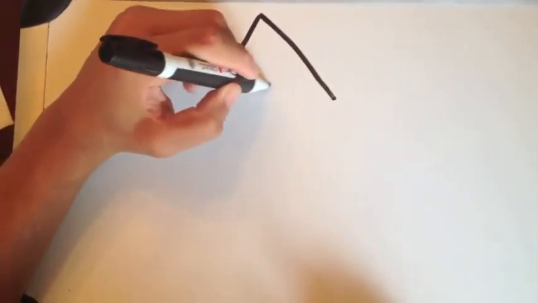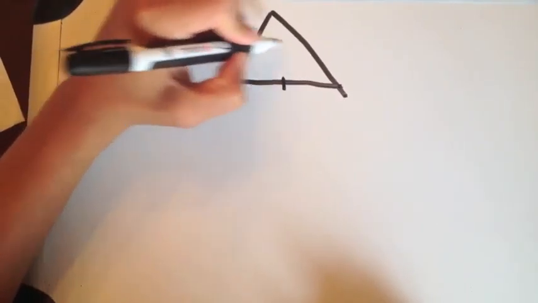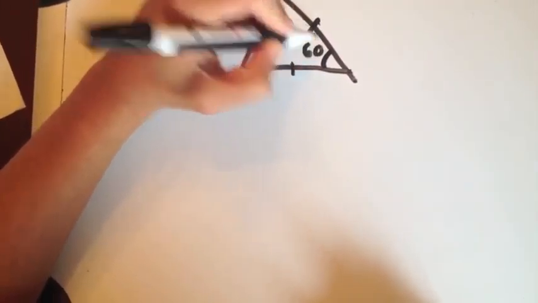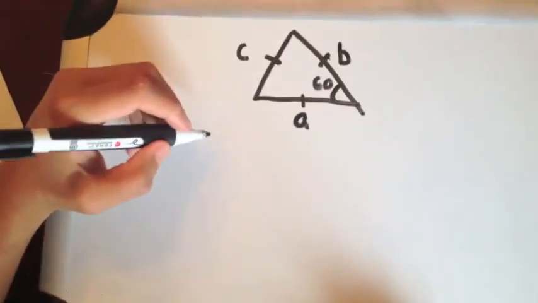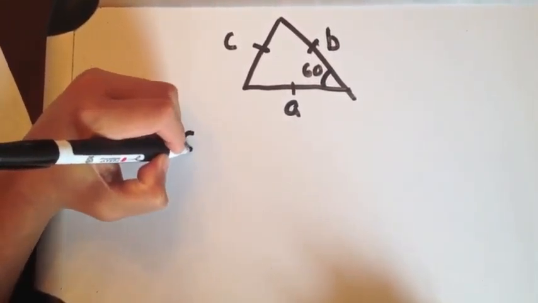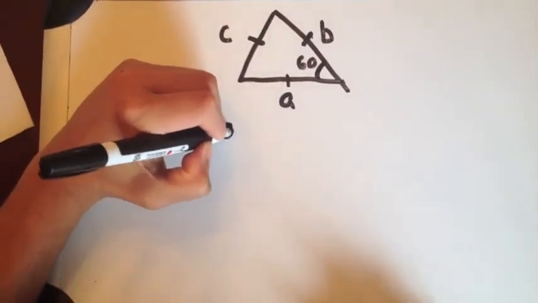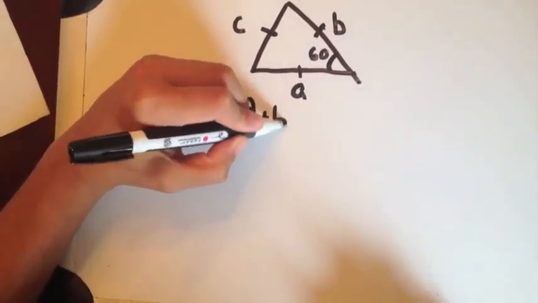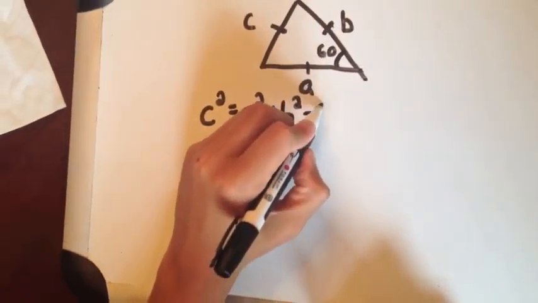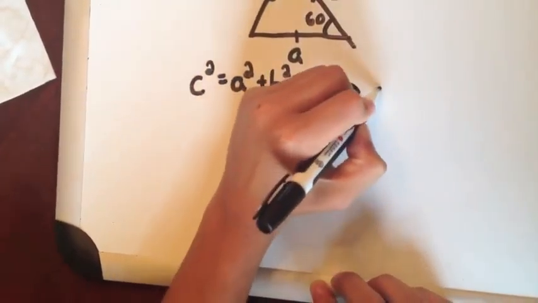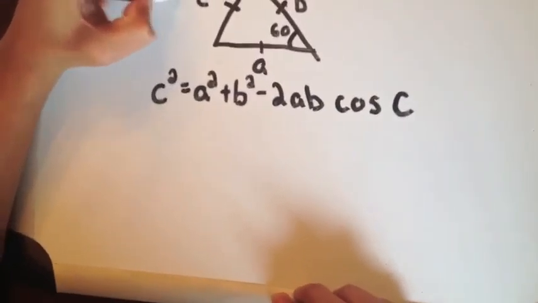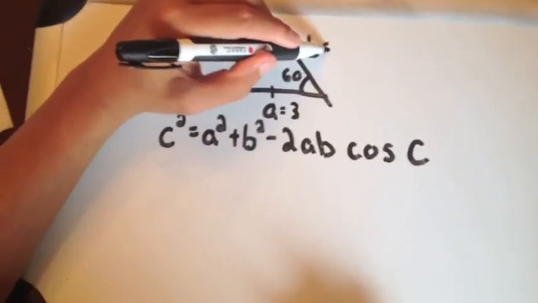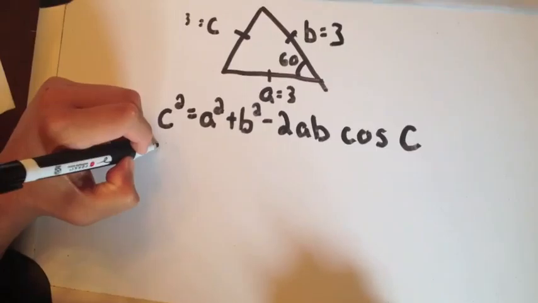Okay, so now I'll show an example of the law of cosine, and we're going to use an equilateral triangle just so we can find the angles. So the sides are a, b, and c. Again, just to refresh on the law of cosine, it is c squared is equal to a squared plus b squared minus 2ab cosine c. We're going to have them all equal to 3 because it is an equilateral triangle and all sides have to be equal.